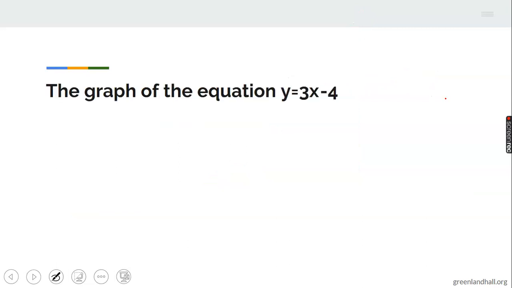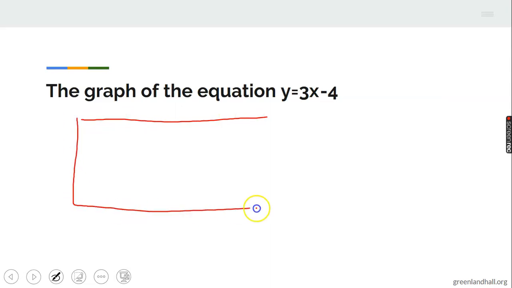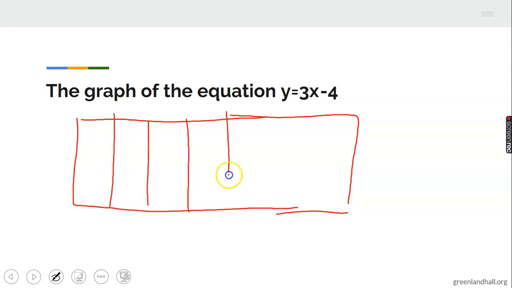Now, if you want to plot the graph of the equation, let's remind ourselves of the table of values. Don't let us forget that. The table of values is the first thing. We need to construct our table of values. Okay? I believe you are following what I'm doing, right?